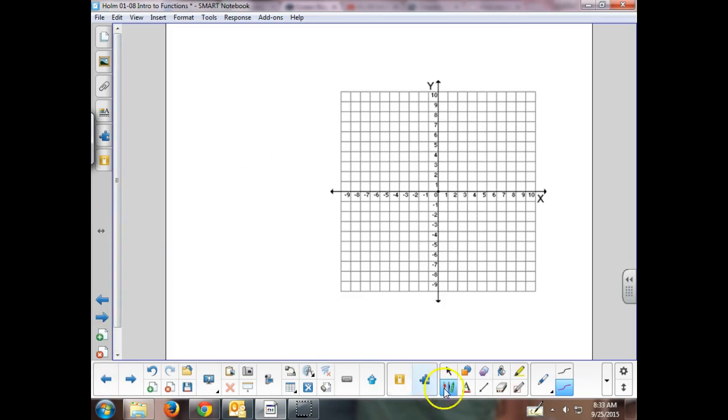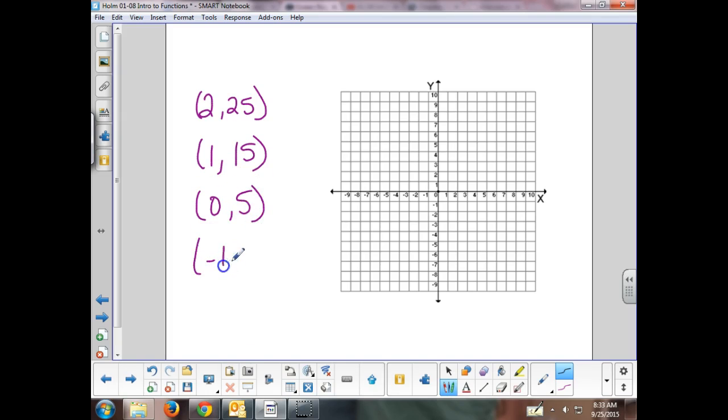So then in algebra, especially once we start really getting into functions, again, this is just an introduction. The next step usually would be to plot the points. 1, 15, 0, 5, and -1, -5. So go ahead.